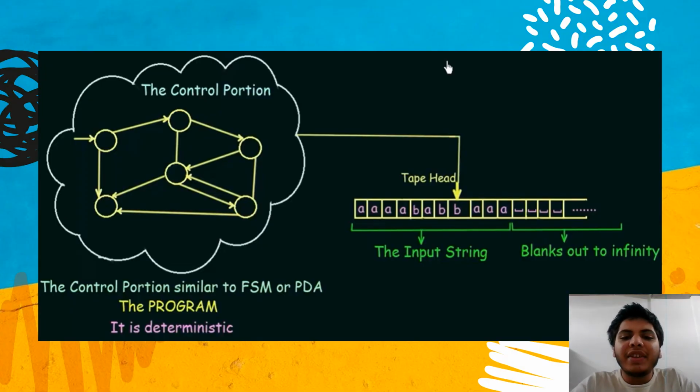So here I have a diagram which shows how a Turing machine looks. Here we have the control portion, and here we have the tape, about which we have already discussed in the last slide. Let us see what this control portion is. The control portion is similar to a finite state machine or the push down automata. This control portion, or the program, is the main controlling portion of the Turing machine, which takes care of how the control has to be handled.